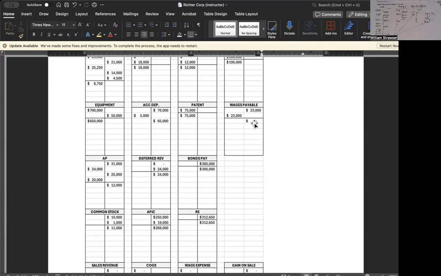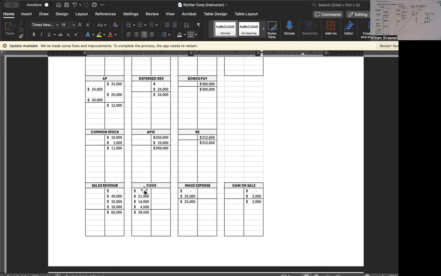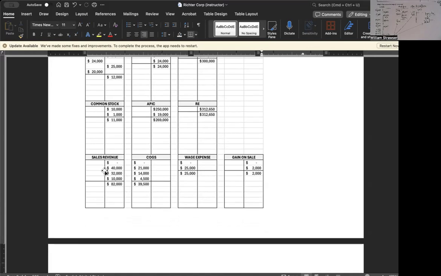Notice that I start all the liability accounts as credit balances because that's their normal balance. They are increased by credits, reduced by debits. So as the post-closing balance indicates, they have credit balances. That's where you start their balance. Everything else should read through.